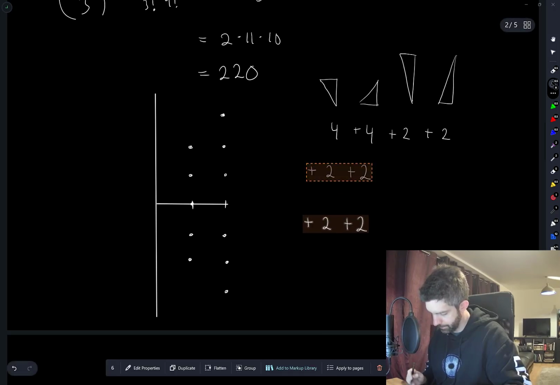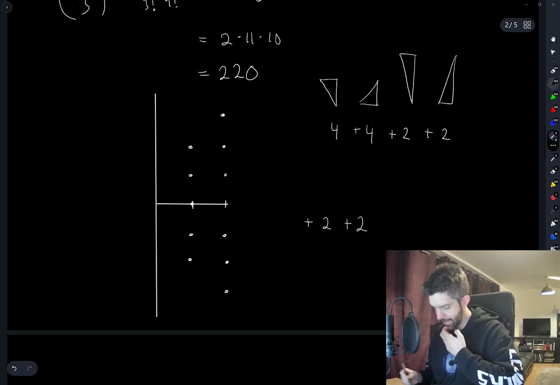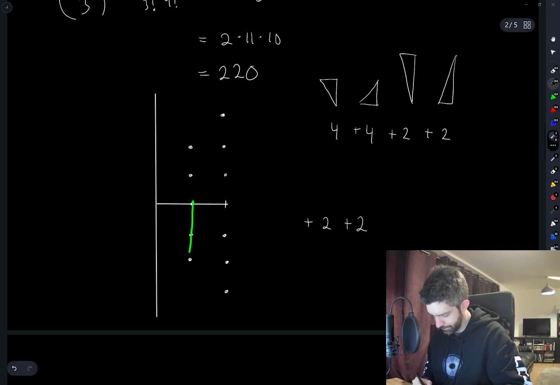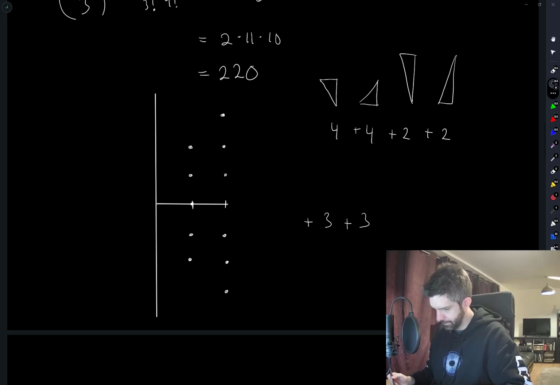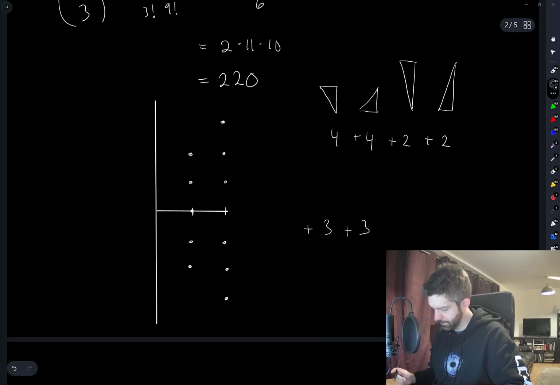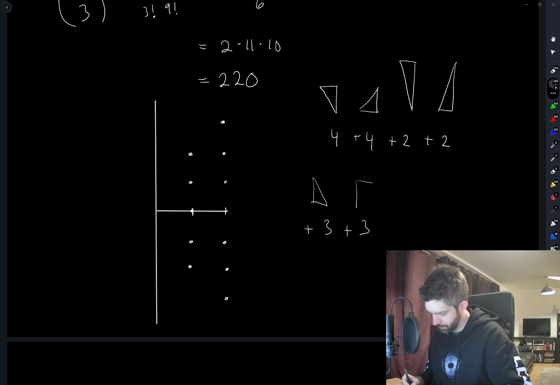That's what did I do? 1. Oh wait, it's not going to be 2. It's going to be 3, isn't it? I also have that, and its flipped version.